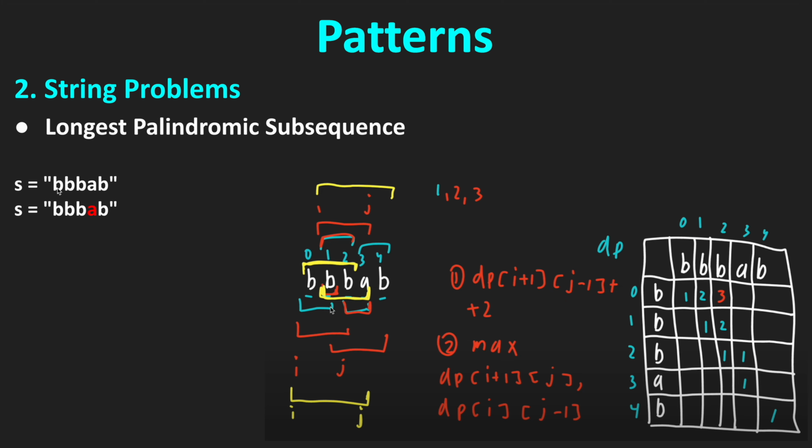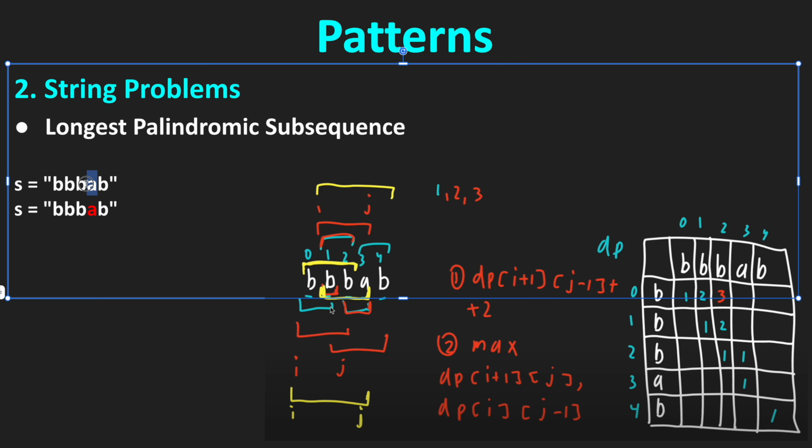If the first and last element are equal, which means that we have at least these 2 as a palindrome, right? So to our palindrome we are adding at least 2, and we are taking whatever the maximum is for this subproblem, starting from index 1 to 3, right?